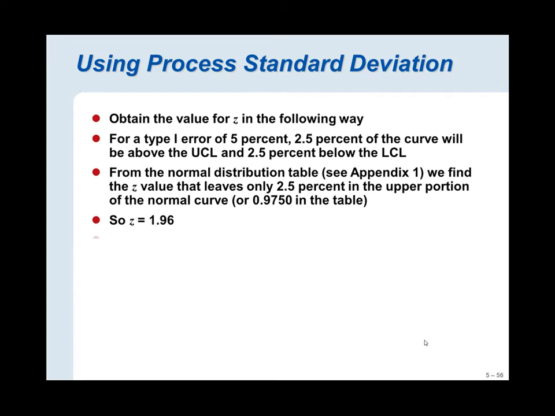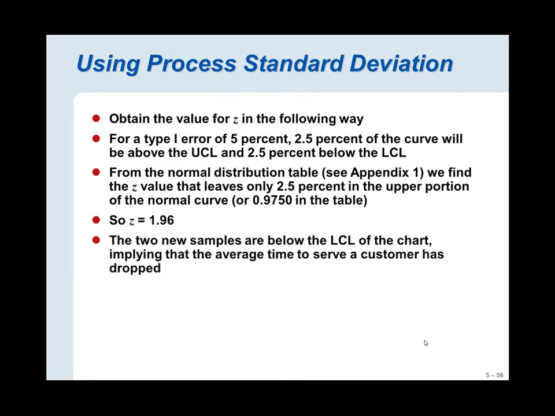To explain how to convert the type 1 error of 5%: a type 1 error of 5% means 5% will be accepted as poor quality, or about 95% will be accepted as good quality.